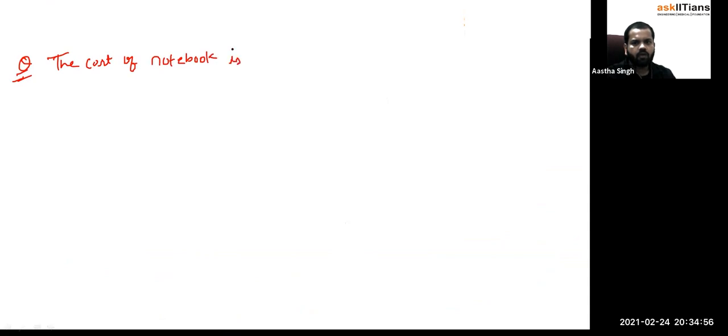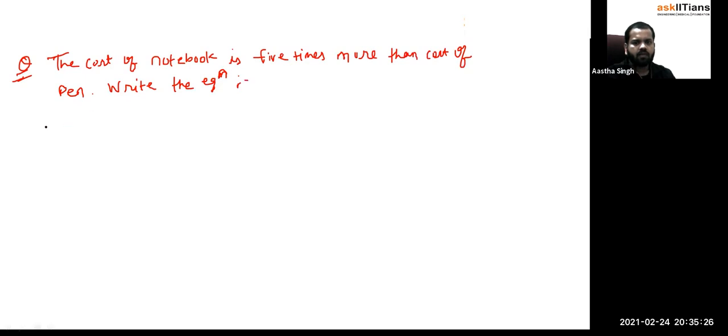The cost of a notebook is 5 times more than the cost of a pen, right? So the question is just asking to express the equation in the form of algebra. So what will be its solution? The cost of a notebook is 5 times more than the cost of a pen.